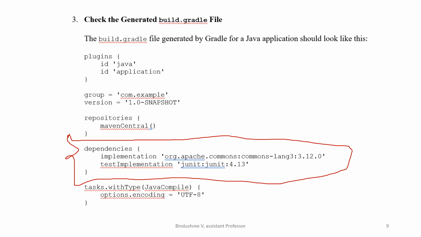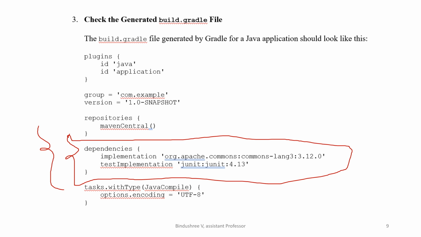You can go back to the POM file of Maven and check; we have used the JUnit tool for testing the project. Since we are migrating Maven to Gradle, you are supposed to manually add this JUnit testing into your Gradle project. That's how you can migrate.